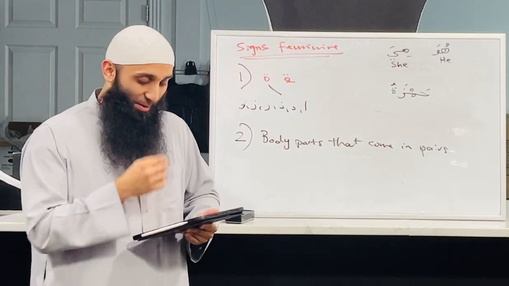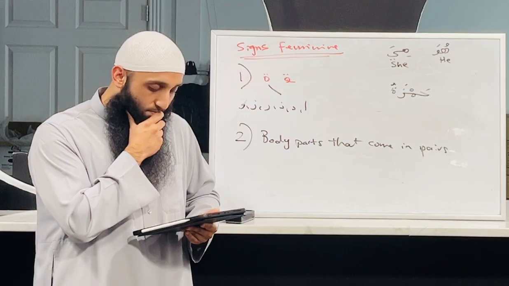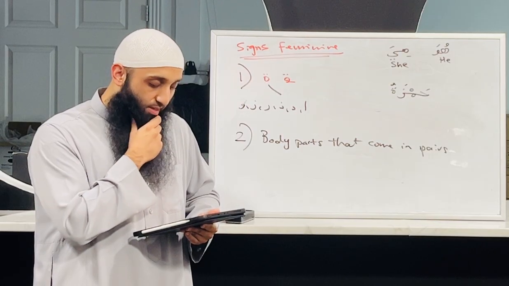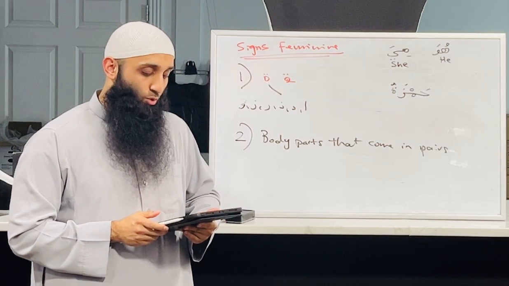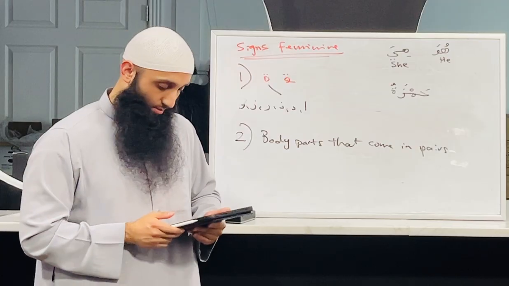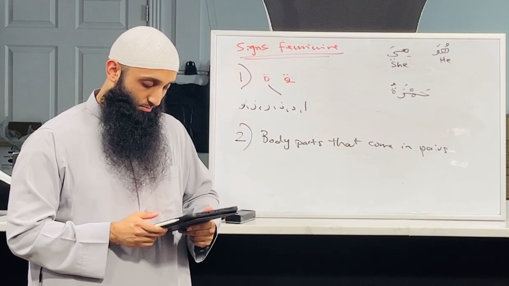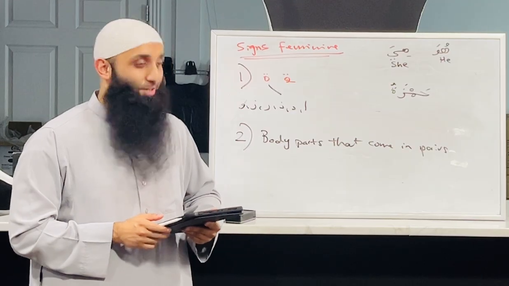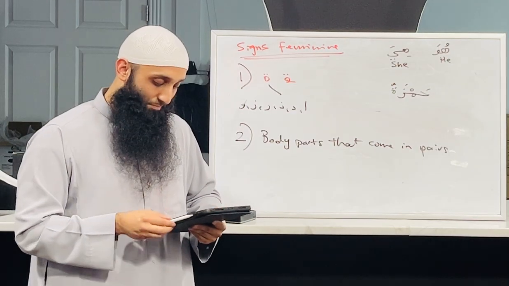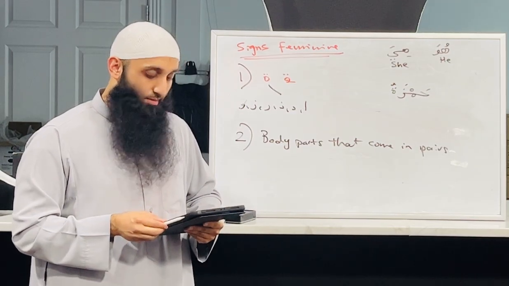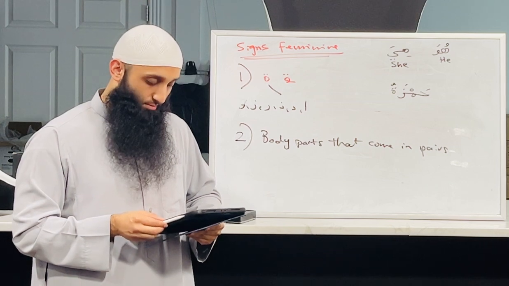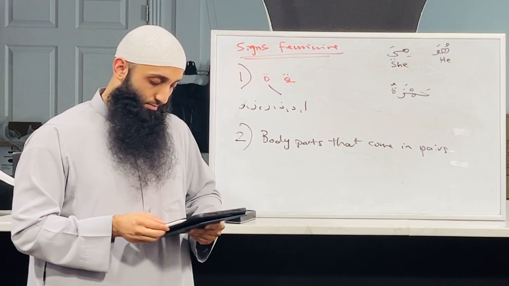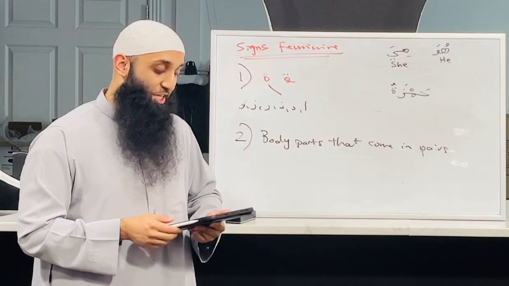Okay, number 4. هذا ابن المدرس. هذا ابن مدير. وهذه بنت المدرس. Can you translate, my brother? This is the son of the director, and that is the daughter of the teacher.